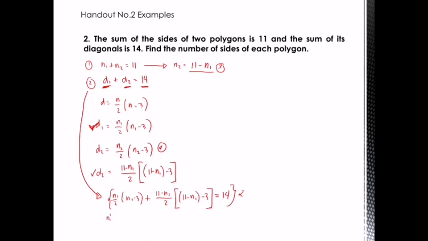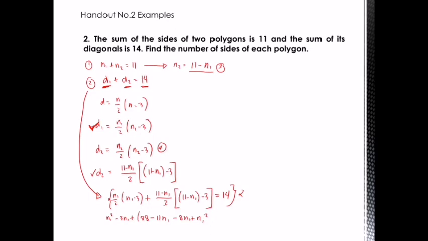N1 squared minus 3N1 plus 88 minus 11 N1 minus 8 N1 plus N1 squared.